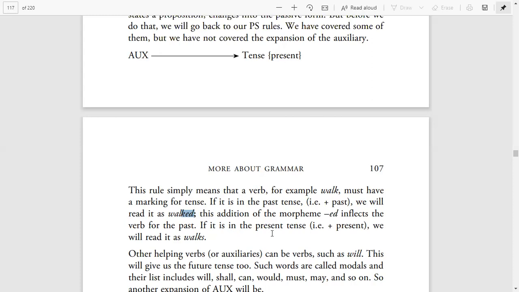If it is in the present tense, that is present, we will read it as walks, right? Yes, if the verb walk is in the present tense, and we have a third person pronoun, we will write it like walks.